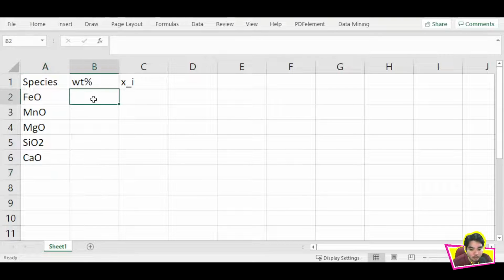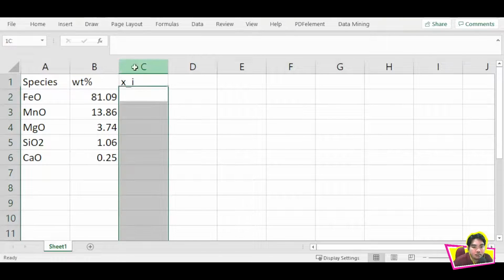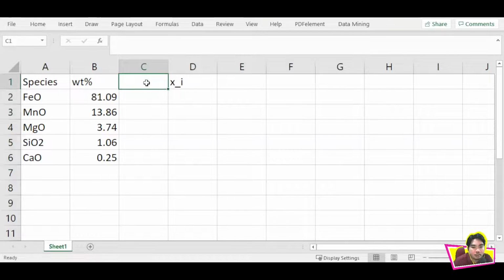Okay? Tapos ang weight percentages nila is 81.09, 13.86, then we have 3.74, 1.06, and 0.25. Okay? Lagay lang ako ng isa pang column para mas madali.